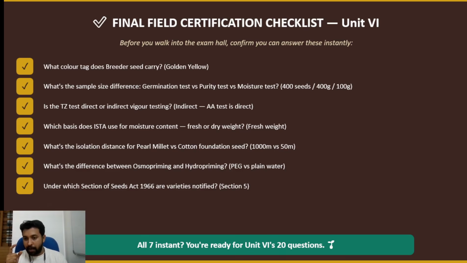That's why we arranged a specific session for this. Nearly 10% of the questions in your question paper are from this area. Never skip this. If you have less time, give this section the highest priority in seed technology.